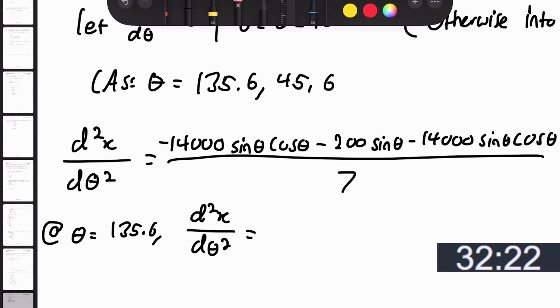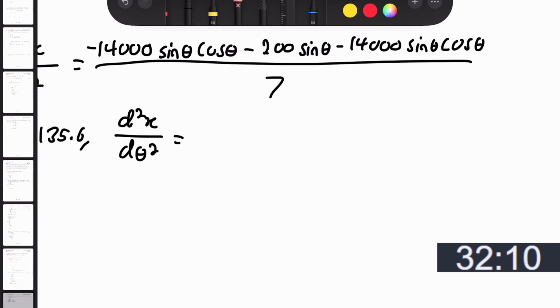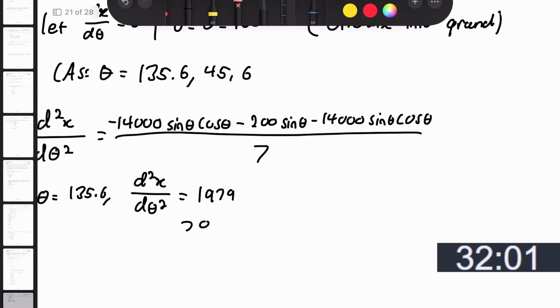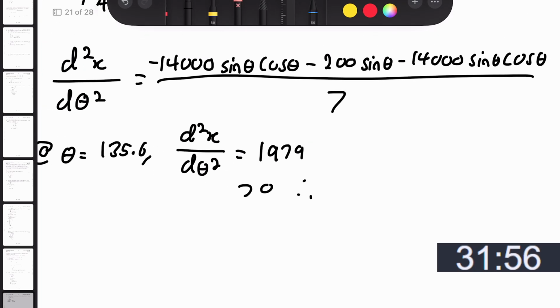Okay, and then we sub that in. So given x is 135.6, the second derivative is 1979, which is very big. And given that x is equal to 45.6, since that's greater than 0, there's actually a minimum turning point.